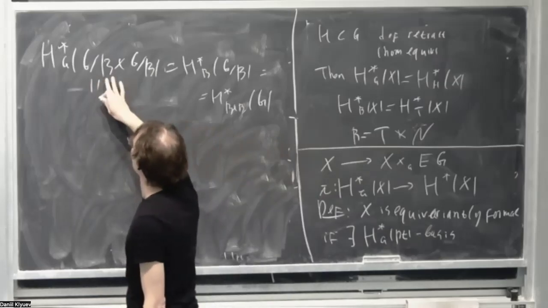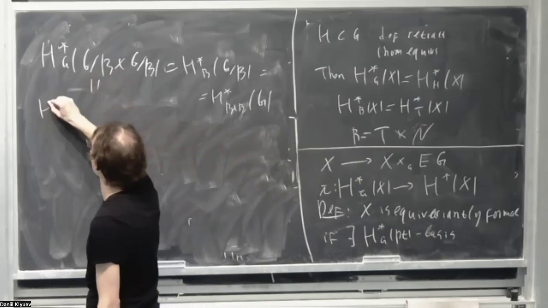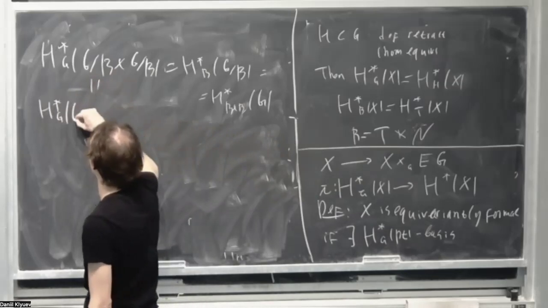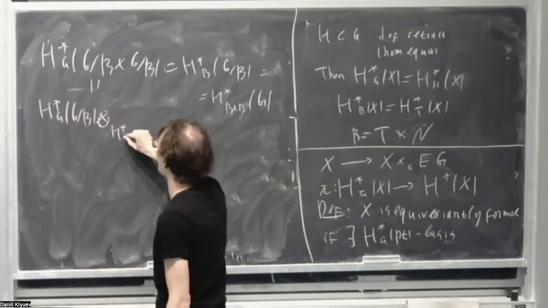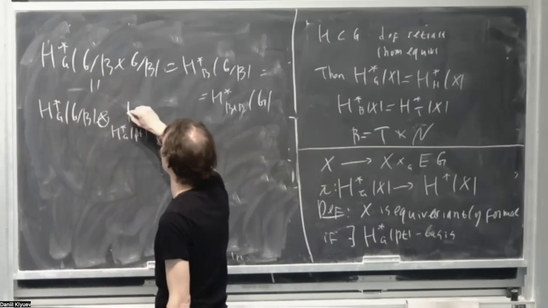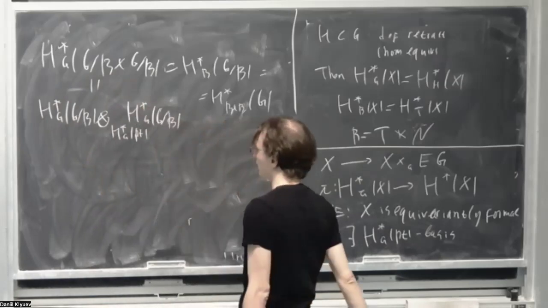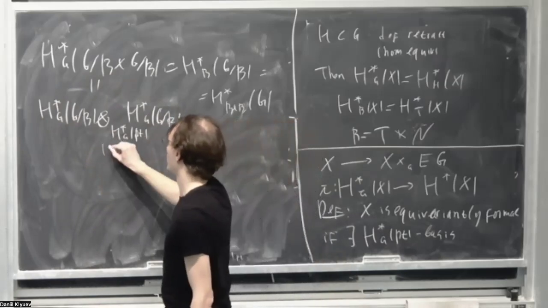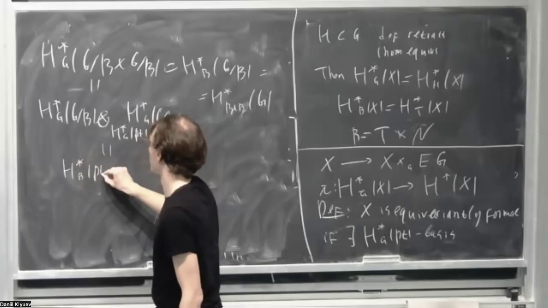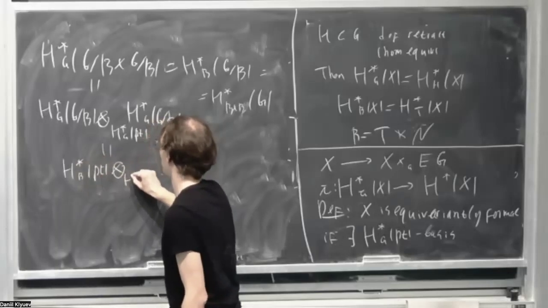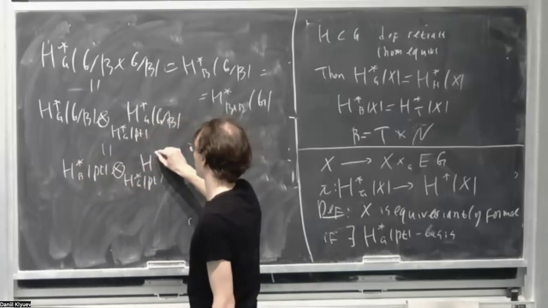Let's assume that this is equivariantly formal. So this is H star G of G over B tensor H star G of a point H star G of G over B. Then I get rid of this B, so just H star B of a point tensor H star G of a point over H star B of a point.